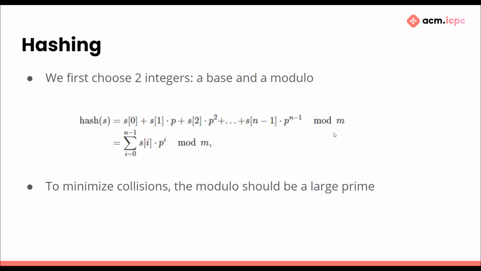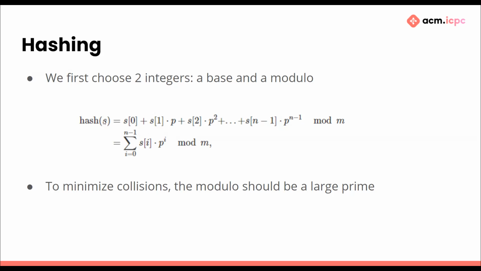And P here is the base. So what we essentially want to do is calculate the integer value through this formula. So S0 plus S1 times the base plus S2 times the base squared, until we get Sn minus 1 times the base to the n minus 1 power. And then we take this mod m.